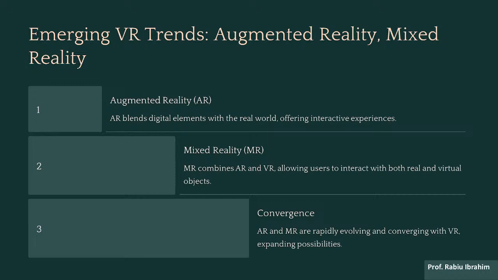Mixed reality (MR) is the combination of augmented reality and virtual reality, allowing the user to interact with both real and virtual objects.